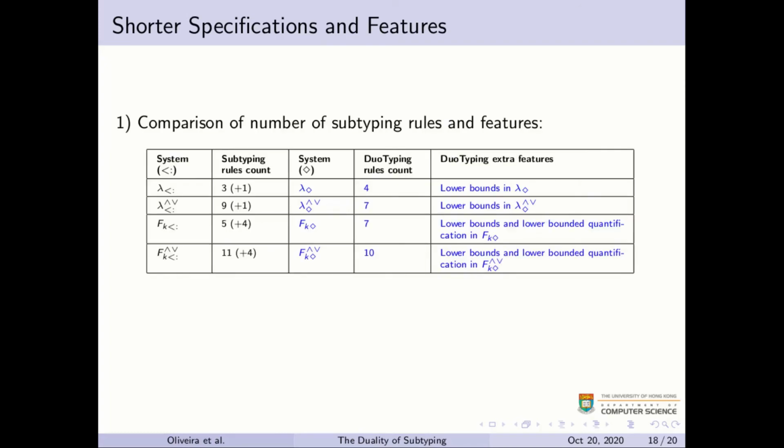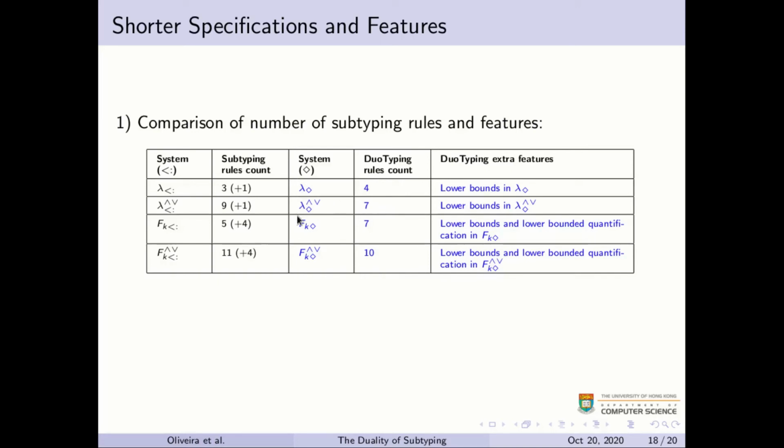In our first comparison, between the number of subtyping rules in a traditional subtyping system and the duotyping system, the first two columns are related to the traditional subtyping systems. The first column shows the traditional system, while the second column shows the number of subtyping rules in that specific traditional subtyping system. The third and fourth columns are related to the duotyping system.